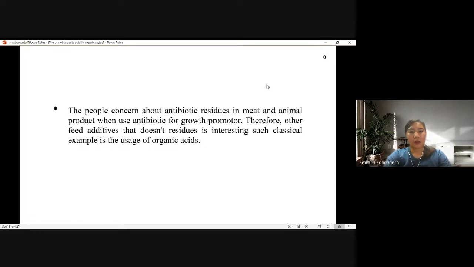But people are concerned about antibiotic residue in meat and animal products when antibiotics are used as growth promoters. Therefore, other feed additives that leave no residue are of interest, and a classical example is the use of organic acid.